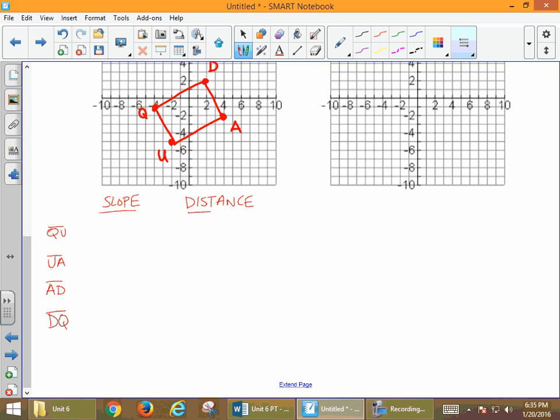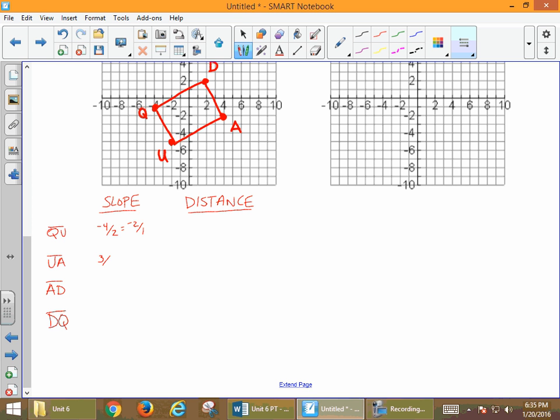All right, the slope. To find slope, it's just rise over run. So from Q to U, rise, going down, 1, 2, 3, 4. So rise -4, run 2. I could rewrite this as a simplified fraction, -2/1. From U to A, let's do rise over run. From U to A, I rise 1, 2, 3.